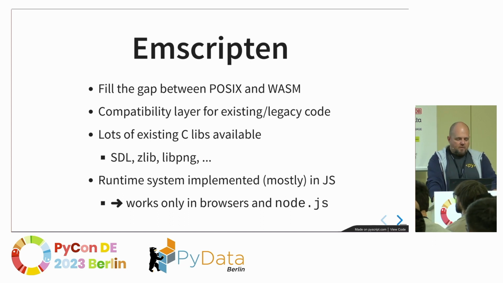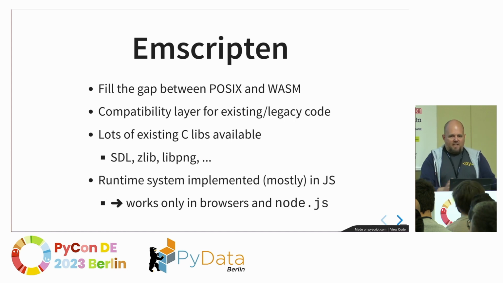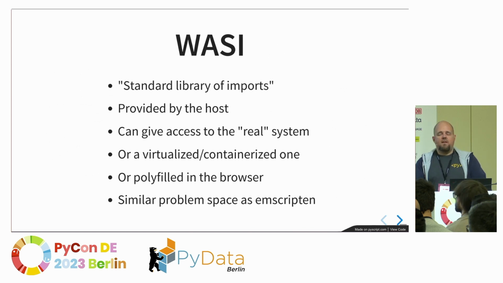Emscripten implements most of this runtime library for emulating the operating system in JavaScript, which means that if you compile something with Emscripten, you can run it in the browser, where you have JavaScript, of course, or with Node.js, because Node.js is a JavaScript virtual machine. But, for example, not with Wasmtime, because you don't have the JavaScript interpreter for the runtime system.